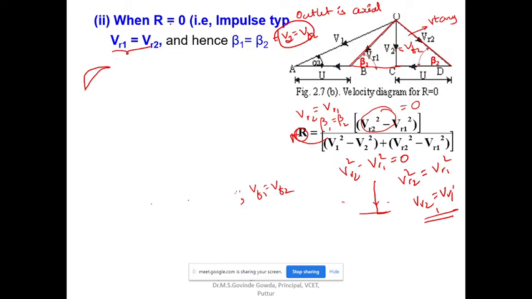The condition for R equal to 0 is VR1 equal to VR2 and beta 1 equal to beta 2. In the bracket, after writing beta 1 equal to beta 2, just write blades are symmetrical.